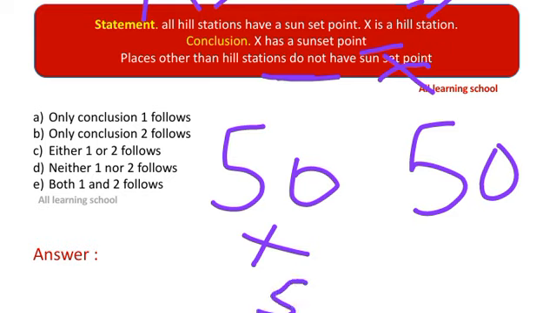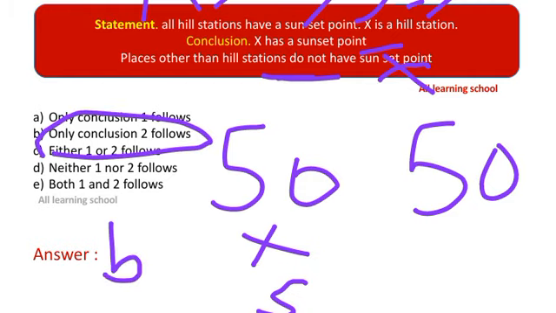As expense of X is 50, expense of sunset is 50, and income of X is 50 and income of sunset is 50, as their income and expenses are equal, so the first conclusion will be correct. In this question only one conclusion will be followed.